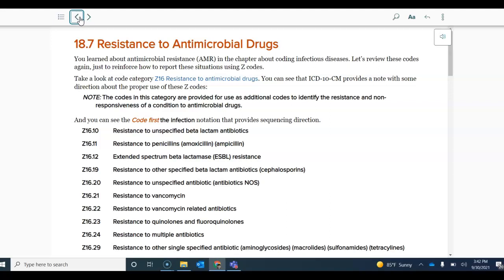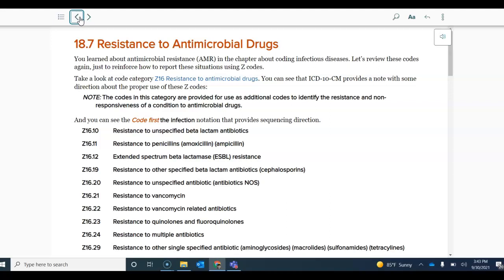If you look at some of the examples, it's general exam, administrative exam, elective termination of pregnancy, infertility, supervision of a normal pregnancy. If you look at Z51, chemotherapy. If it's not in this list, it can't be first.